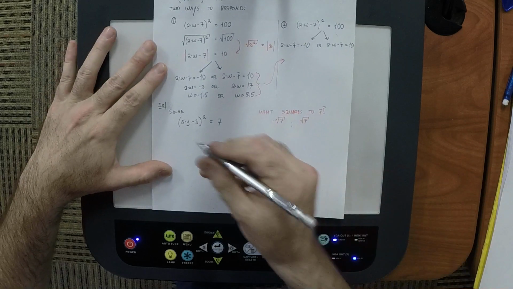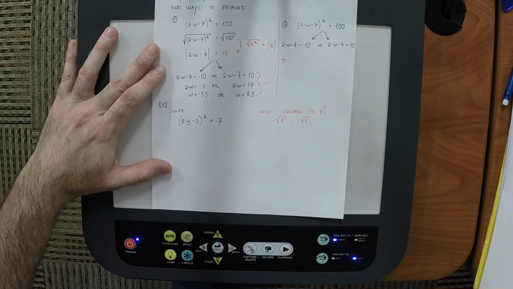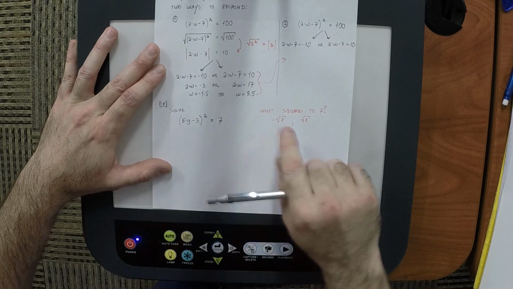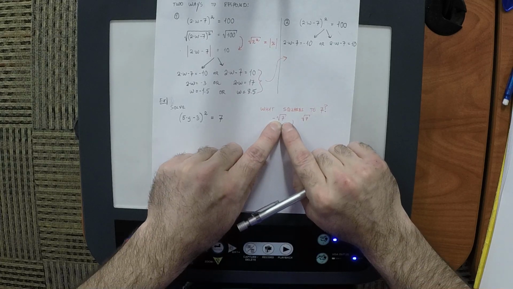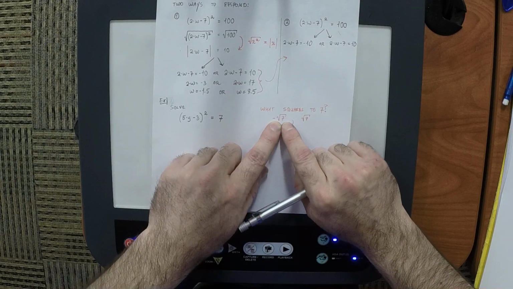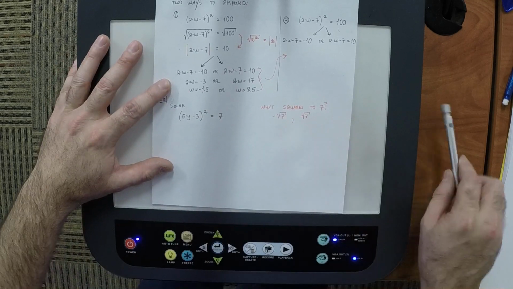Okay. That is definable, negative square root of 7. I was thinking that there's only one answer because you can't take the square root of negative 7. So am I taking the square root of negative 7? No, but I wouldn't know to do that. I would put the 7, put the square root, put the negative in.